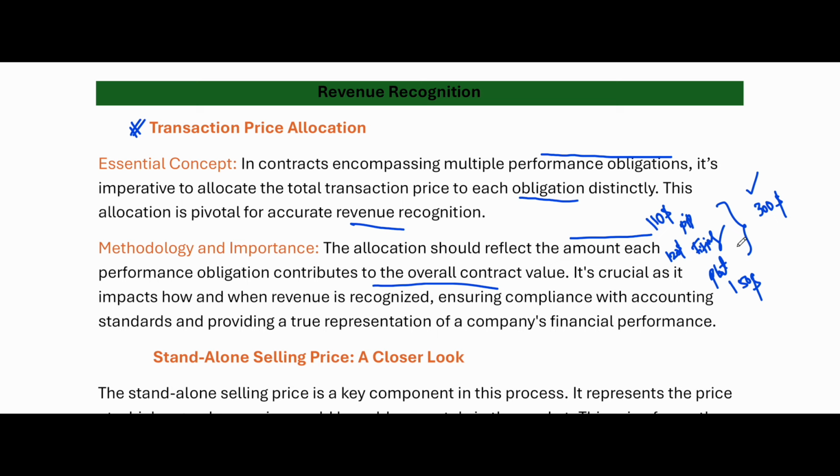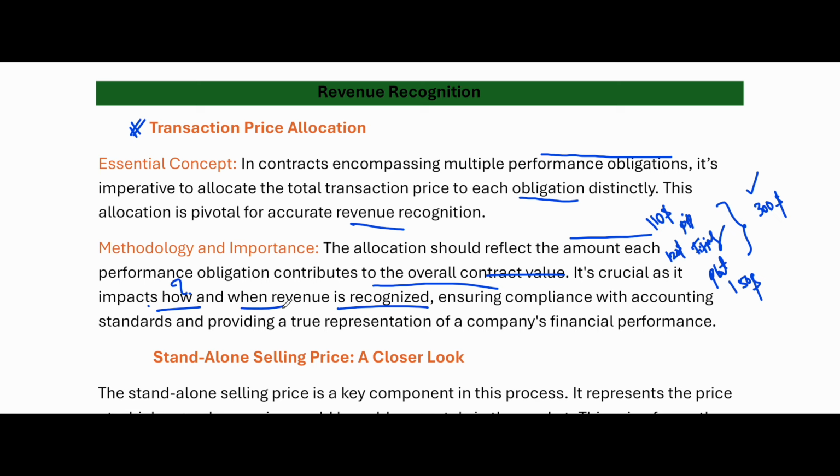So how can you recognize your revenue if you are providing individual standalone prices and you are taking a lump sum amount of 300 million? This is most important from the revenue recognition point of view. It is crucial as it impacts how and when revenue is recognized. How is a question, because 300 million now becomes more than 300 million if you take the standalone prices.